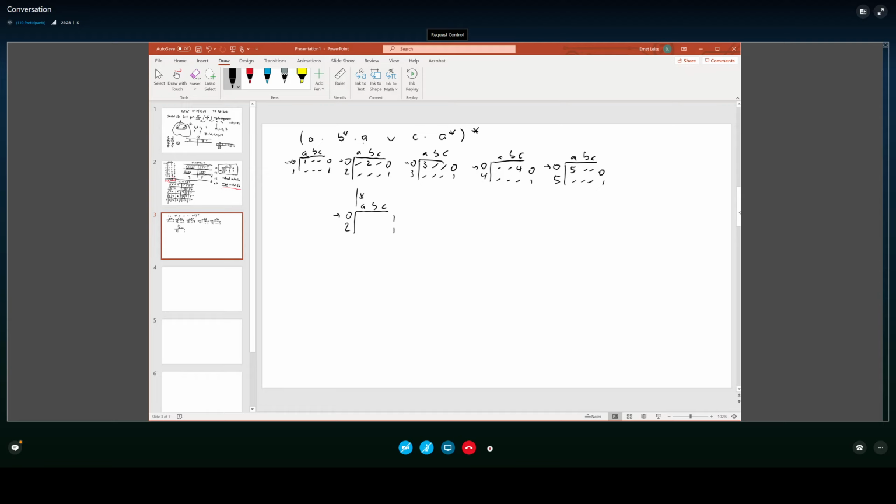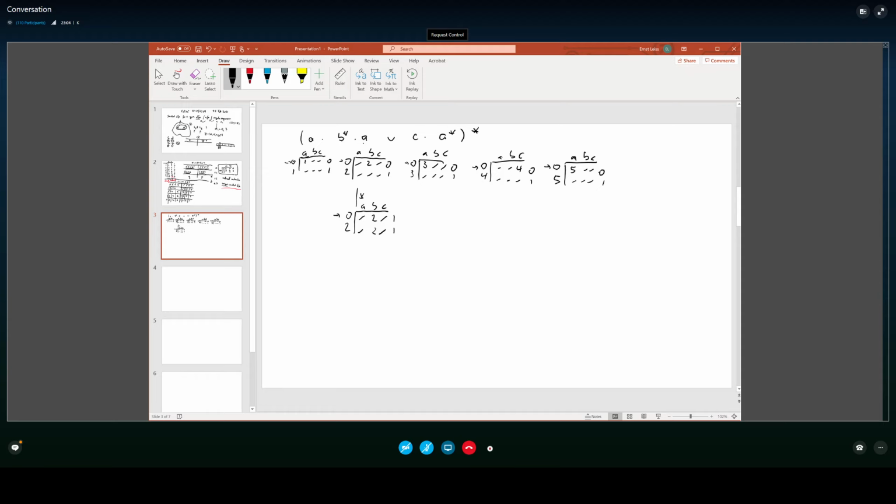Now 0, the initial state of the old automaton, is rejecting, so we just copy. And 2 is accepting, so we take the union of the row nothing, nothing, nothing with the initial row, nothing, 2, nothing. Nothing union nothing is nothing, 2 and nothing is 2, nothing and nothing is nothing. So this is B star.